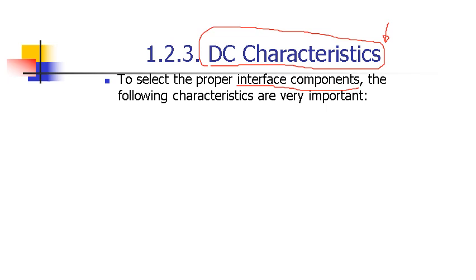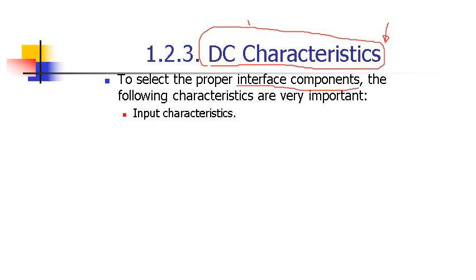When we need to interface components to the microprocessor, we should know the DC characteristics of both the microprocessor and the interface components. So the zero sent from the microprocessor, the voltage referring to the zero, should be read correctly by the interface and vice versa. So zeros and ones are sent from the processor to the interface components or vice versa correctly. This is why we need to know the DC characteristics.